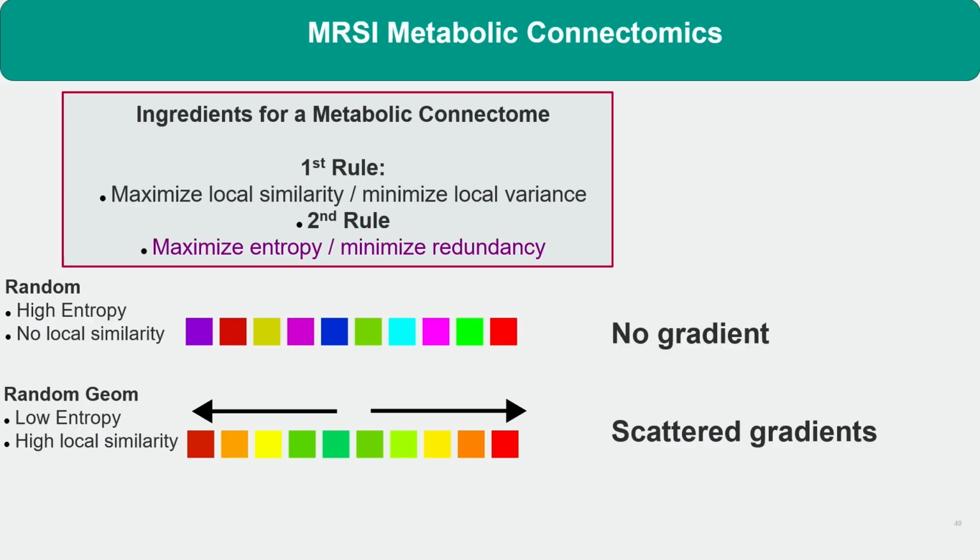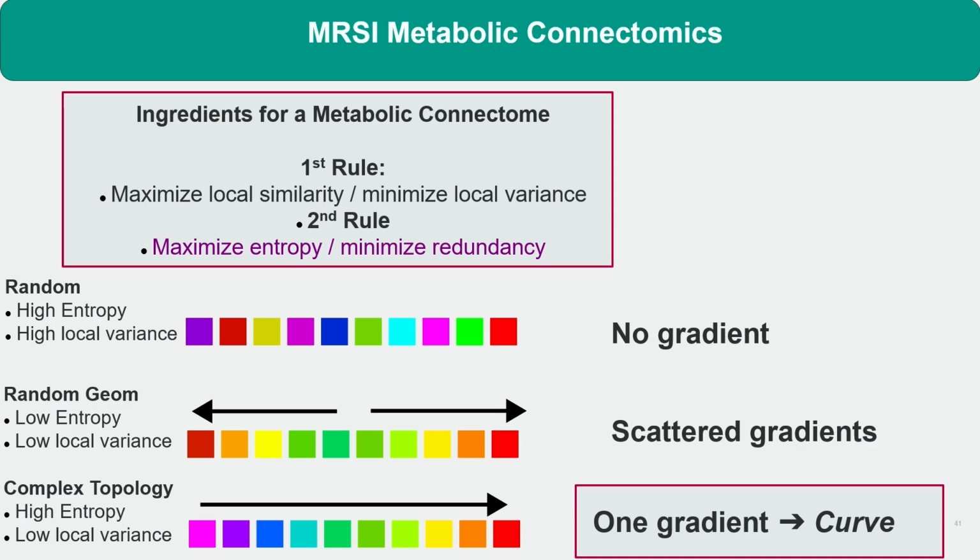But the gradients will be distinct, they will be split in two. Now, once you enforce non-redundancy, meaning that there are no two values that are going to be the same, we're getting one single gradient, a curve appearing in one dimension.